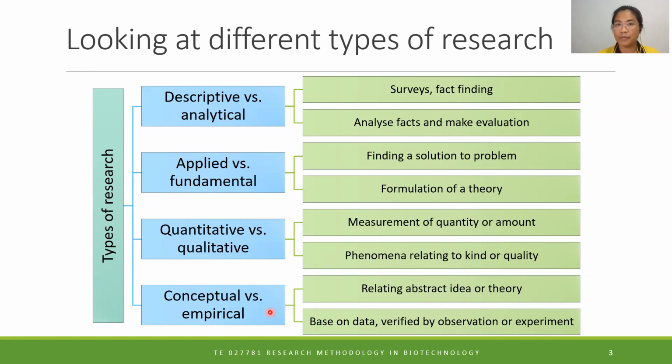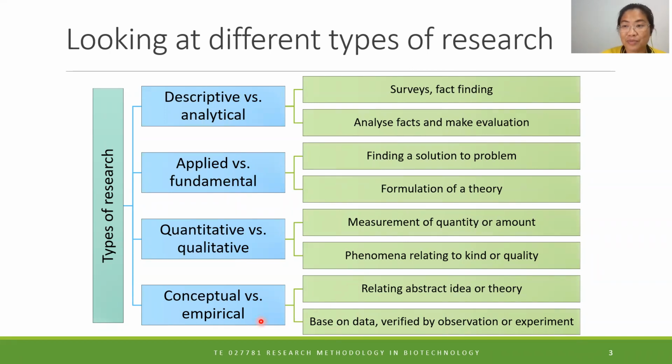The last type is whether your research is conceptual or empirical research. Empirical might be new to you. So these two types of research: one is relating to an abstract idea or theory, another one is based on data verified by observation or experiment.